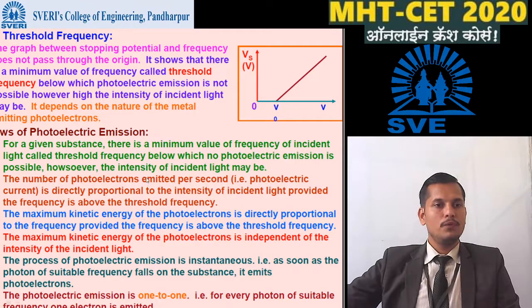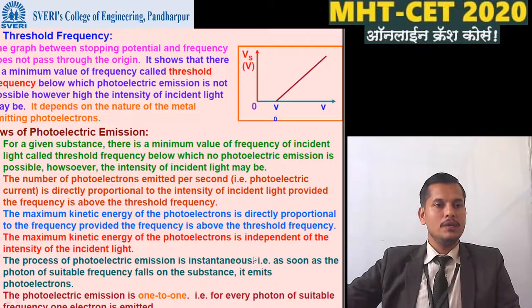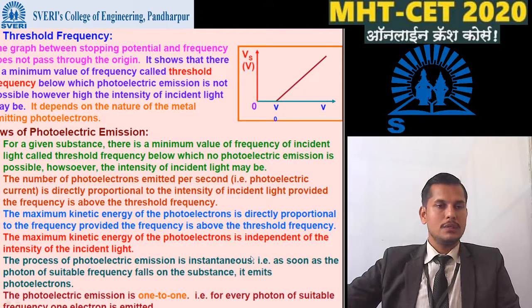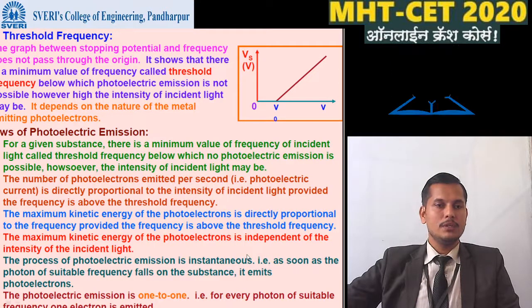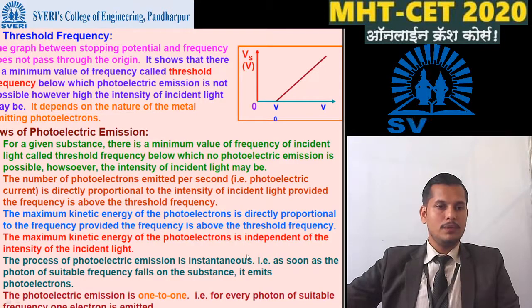Now laws of photoelectric emission. What are the different laws? For a given substance, there is a minimum value of frequency of incident light called a threshold frequency, below which no photoelectric emission is possible, howsoever the intensity of incident light may be.